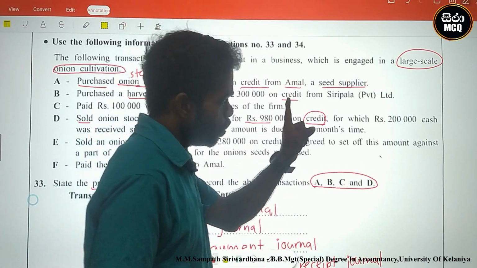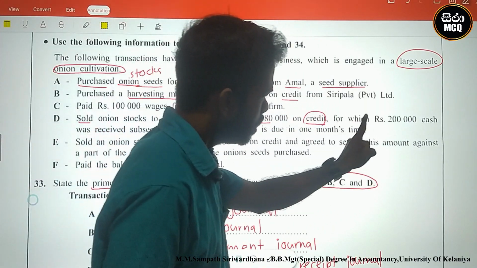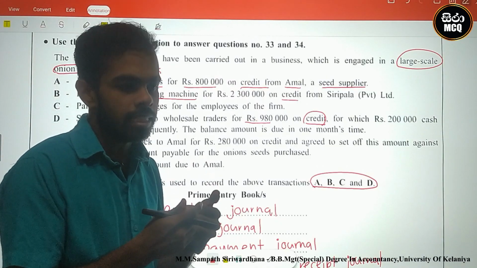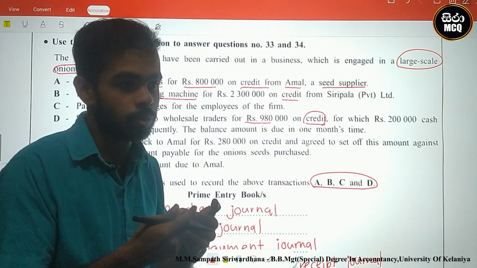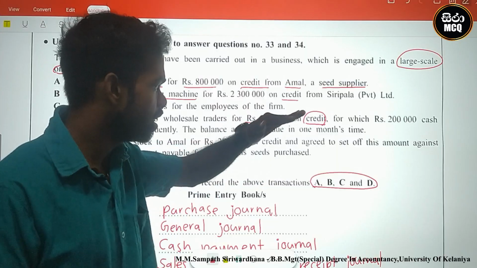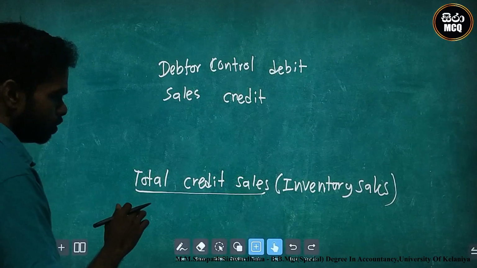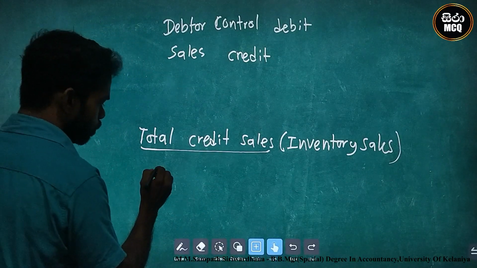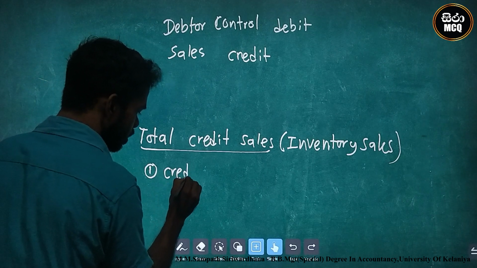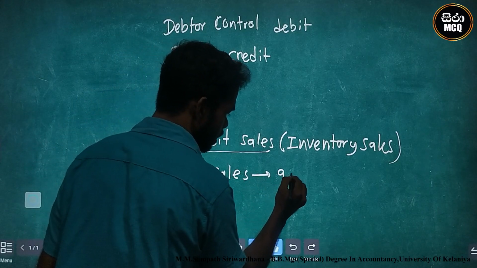Okay, for which 200 cash was received subsequently. Firstly, they say sold goods 980 on credit. This is the first transaction, 980 credit sales. We must find credit sales now. Firstly, credit sales 980.